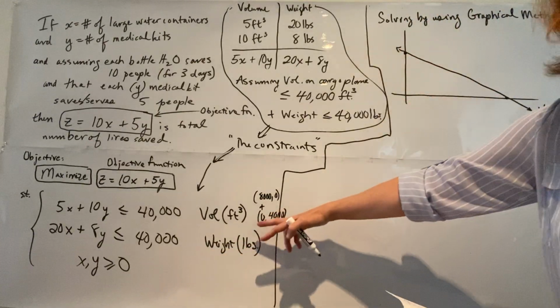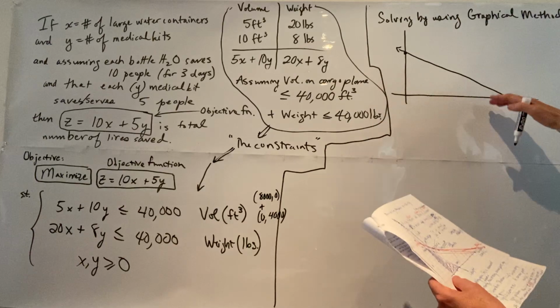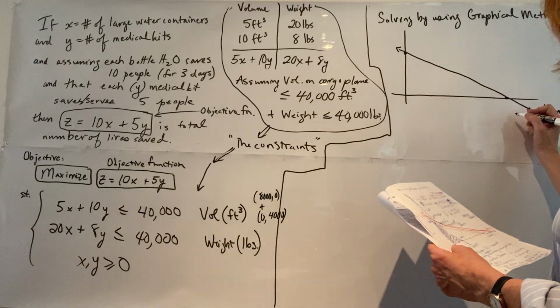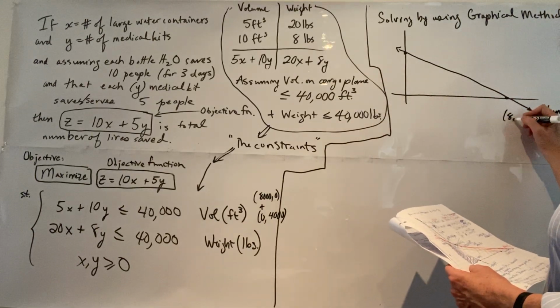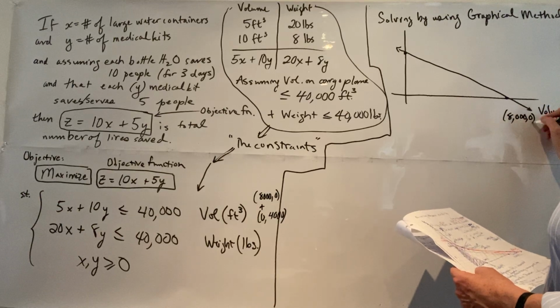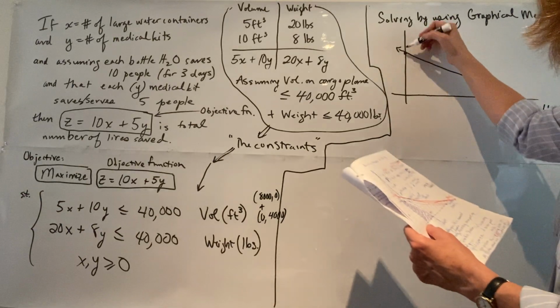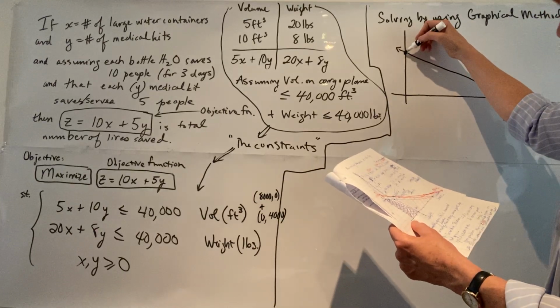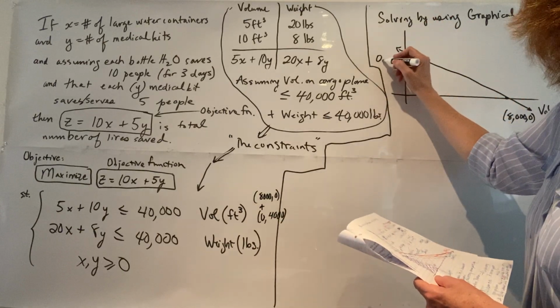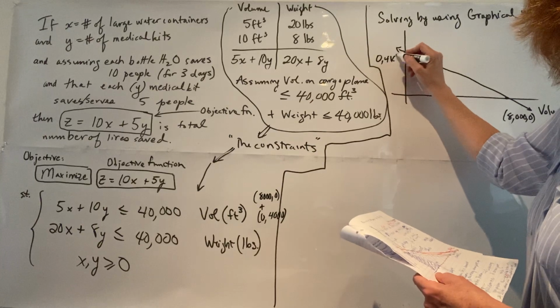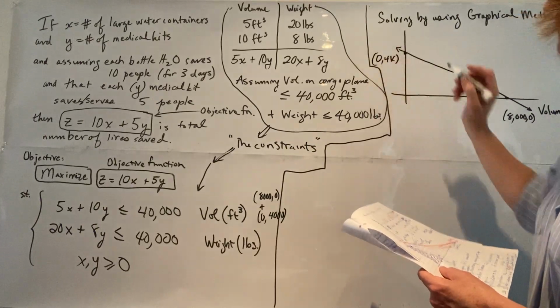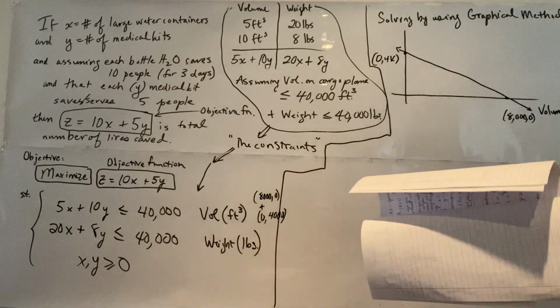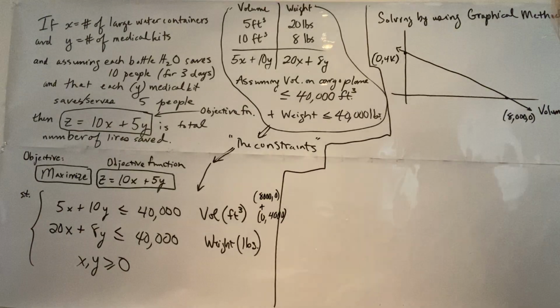So just thinking about volume, we're down to this triangle. Let me just put this marking here. This is 8,000, 0. We need the corner points, right? And this one is 0, 4,000. Right there. All right, so that's for volume.